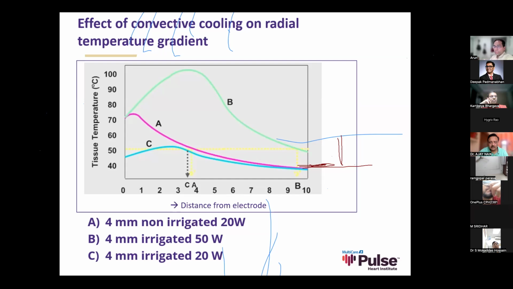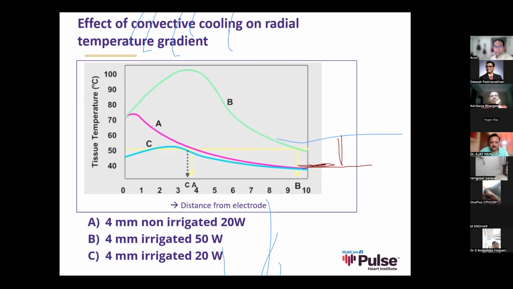But with a half normal saline, since the ionic content of the irrigation material is low, the environment is less conductive, and most of the energy preferentially goes into the myocardium because that's a better conductor.